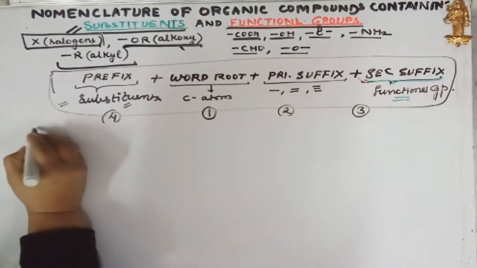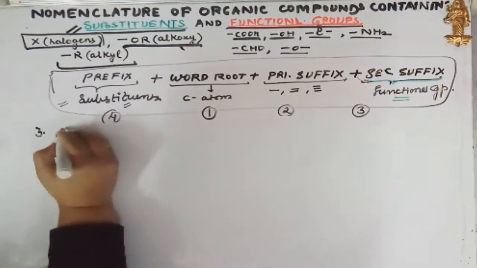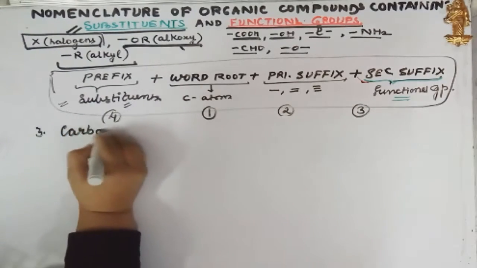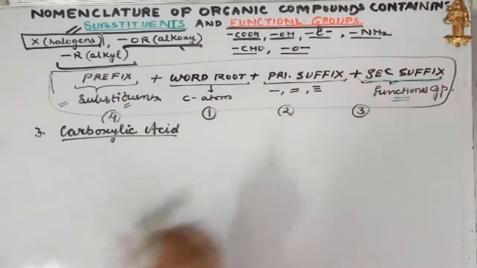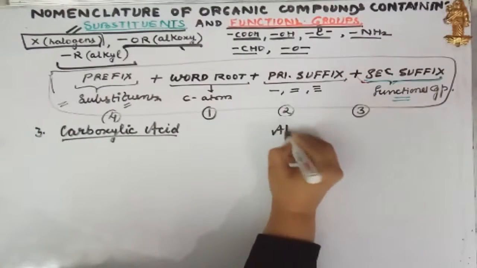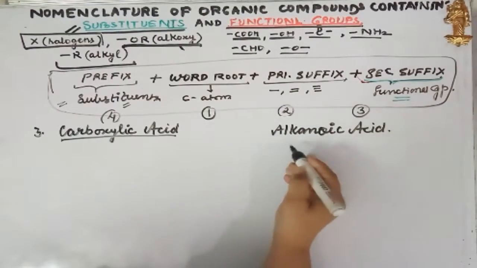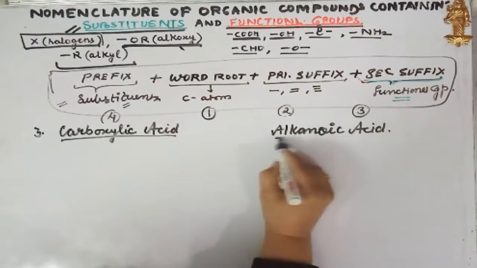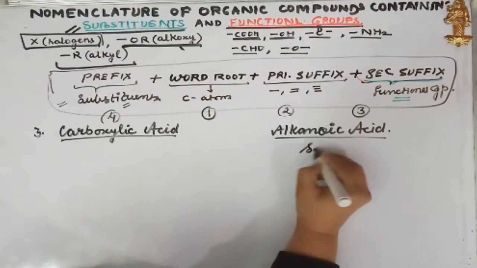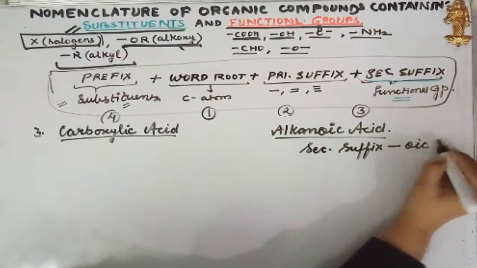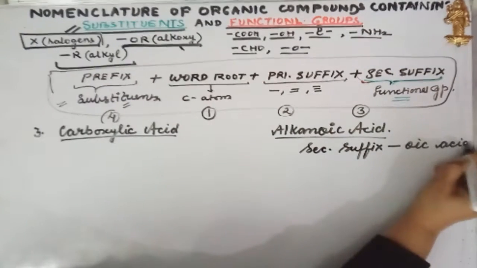The third functional group which I am going to take here is carboxylic acids. Carboxylic acids are named as alkanoic acids. The secondary suffix used for alkanoic acids is "oic acid".